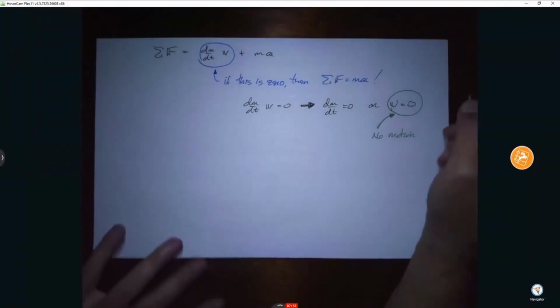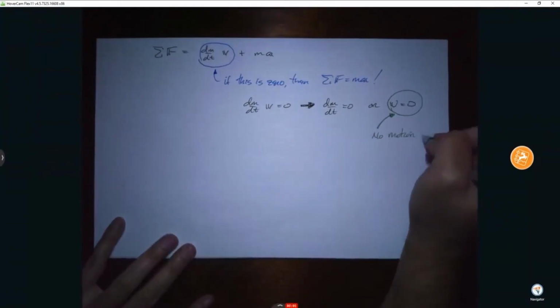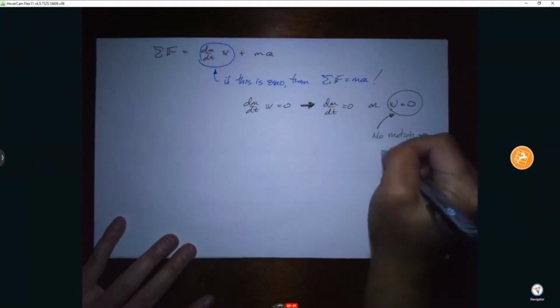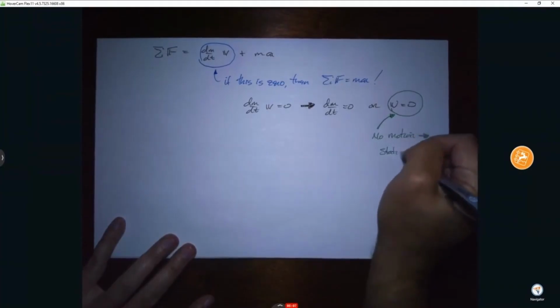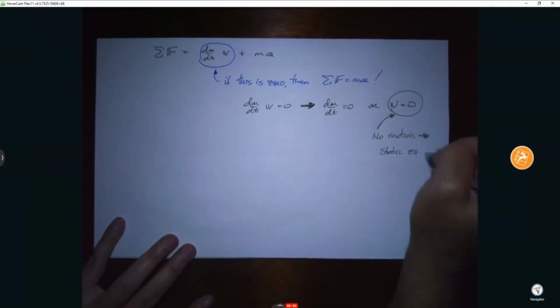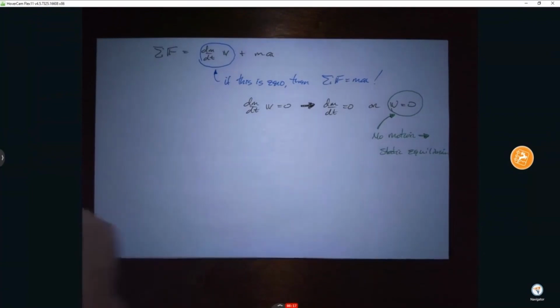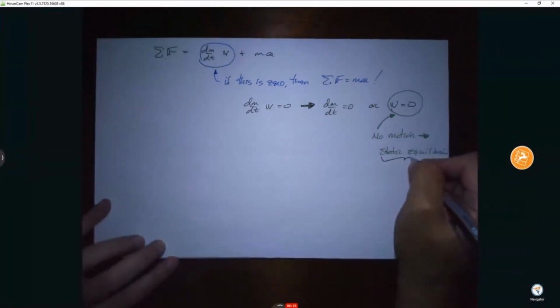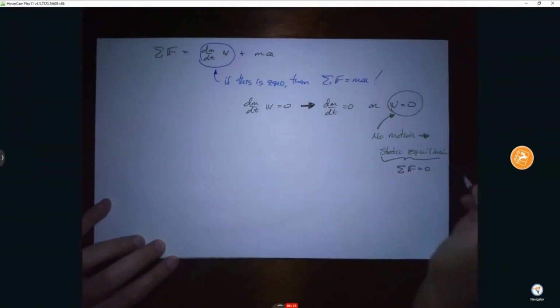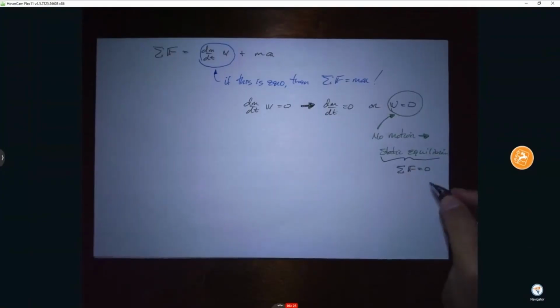And if we don't have any motion, that leads to static equilibrium type of problems. And with static equilibrium problems, the formula was that the net force was 0. That was the condition for static equilibrium.